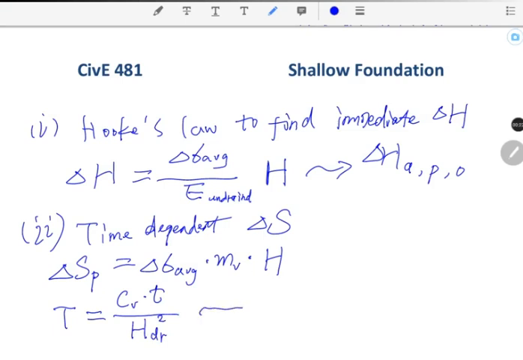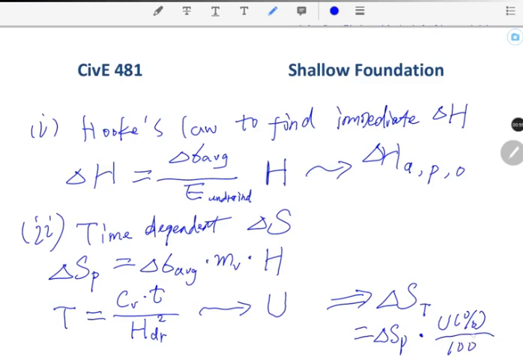Then we can use the time factor to find the degree of consolidation U, and then we can find the time-dependent settlement, say delta S_t, equals the permanent settlement times U in percent divided by 100.